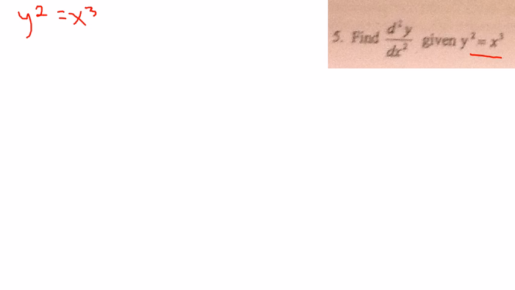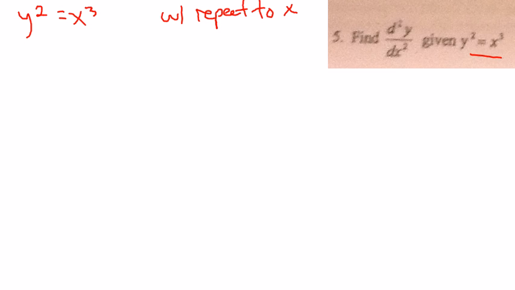So the first thing I need to do to find the second derivative is find the first derivative, and then I'm going to derive a second time. So to derive this, I do power rule on the y squared. The key here is I'm deriving the whole thing with respect to x.